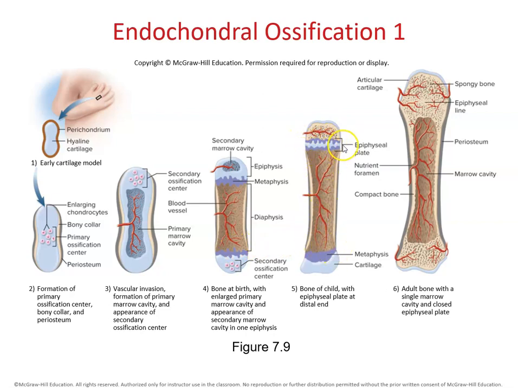I want to point out here we have the epiphyseal plate, the growth plate. This is where new tissue is going to be deposited. And then in the adult, once the bone is mature, the epiphyseal plate is closed. We can see the epiphyseal line afterwards. We still have the marrow cavity, but it's not nearly as large a component as it was in the children.